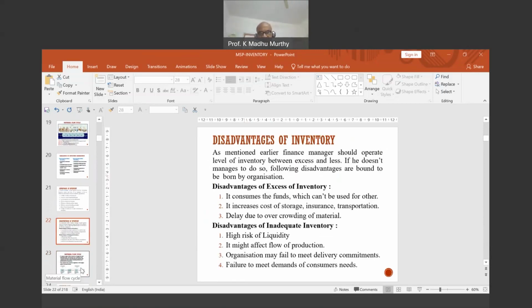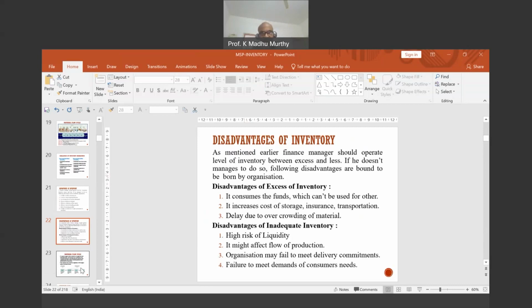Well, as we said, excess inventory consumes funds, and it means opportunity cost also. We could have made better use of these funds which are locked into the inventory to gain profit for the organization or reduce cost for the organization.